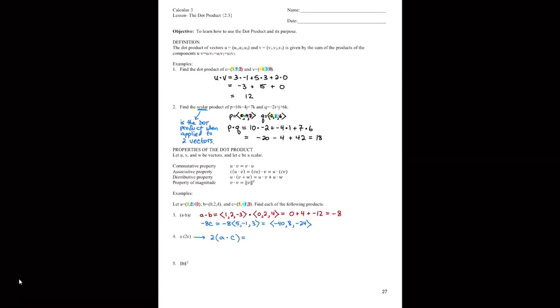Okay, so I'm looking at 2 times 5 plus -2 plus -9, which is the same as 2 times -6, which is going to give me a -12.